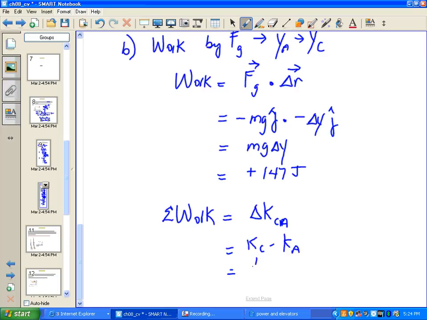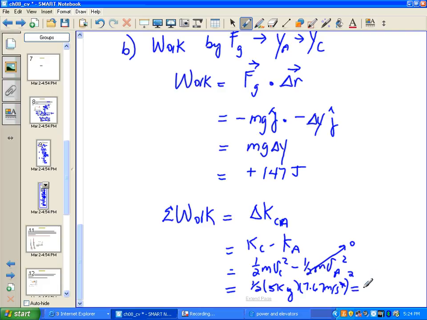If we work it out, 1/2 m v_C squared minus 1/2 m v_A squared, which we know is equal to 0. Plug in our numbers, 1/2 times 5 kilograms times the speed squared. Voila, plus 147 joules. Exactly what we expected and was calculated earlier.